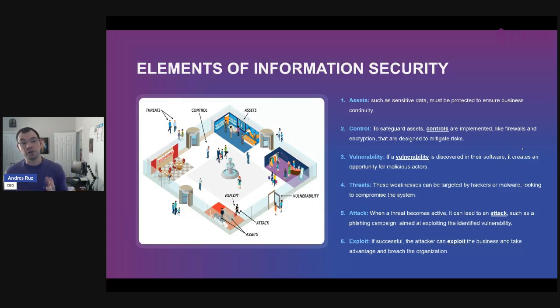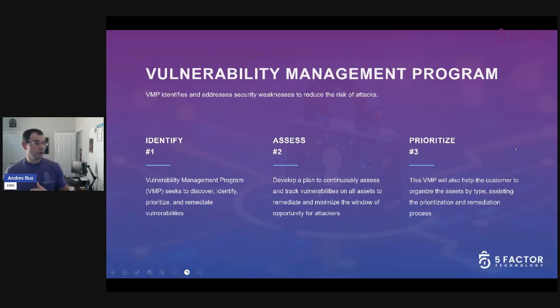A couple of important comments here: a vulnerability is something that can be discovered in the software that creates an opportunity for malicious actors to act against the organization to steal the assets or to cause some type of disruption. Now, there are three essential parts when we talk about vulnerability management.